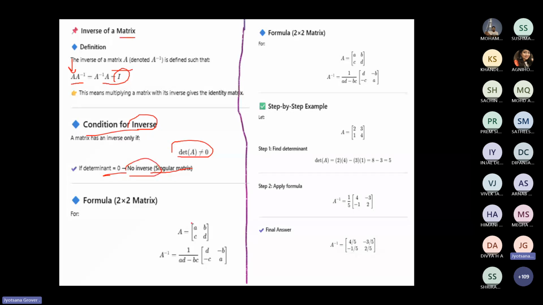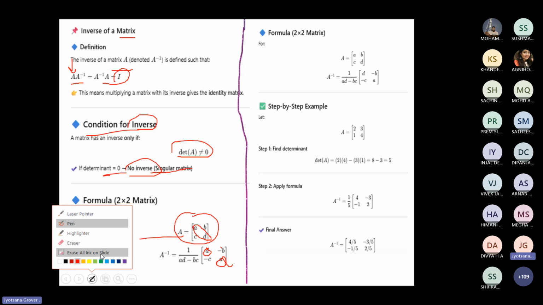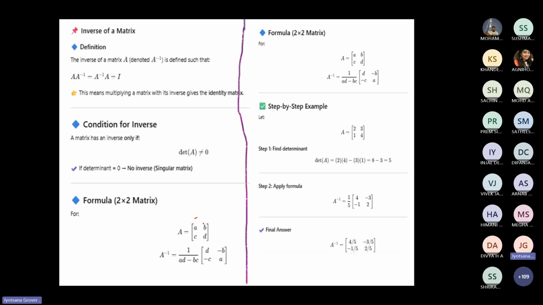If you have a 2 cross 2 matrix, how will you find its inverse? You interchange these two entries, so here you will have D, here you will have A, and multiply the other entries by minus 1.